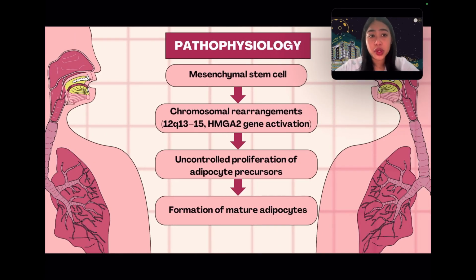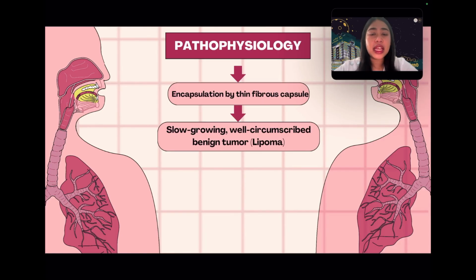Next, let's talk about the pathophysiology of lipoma, how it develops. As was mentioned earlier, it is usually thought to arise from mesenchymal stem cells. In these mesenchymal stem cells, if a chromosomal rearrangement is present, particularly in 12q13-15 with HMGA2 gene activation, there is uncontrolled proliferation of adipocyte precursors. Because of this, there is the formation of mature adipocytes, which we've seen earlier, and it's eventually encapsulated by a thin fibrous capsule.